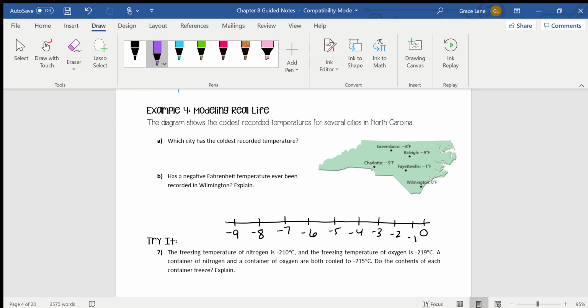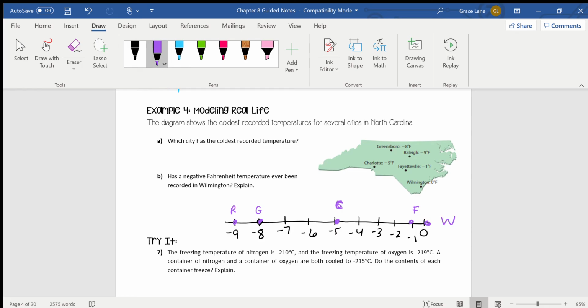Greensboro is at -8, so I'll put a G. Raleigh, -9. Charlotte, -5. That's a C. The last one is at 0, Wilmington.